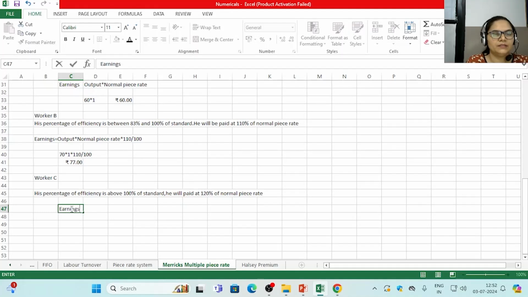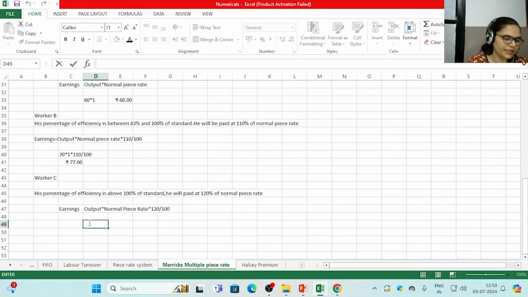Earnings will be output into normal piece rate into 120 divided by 100.